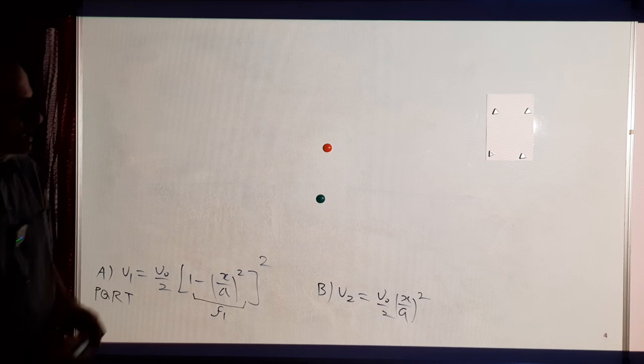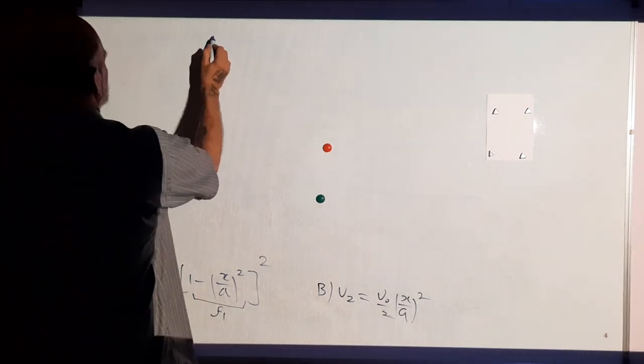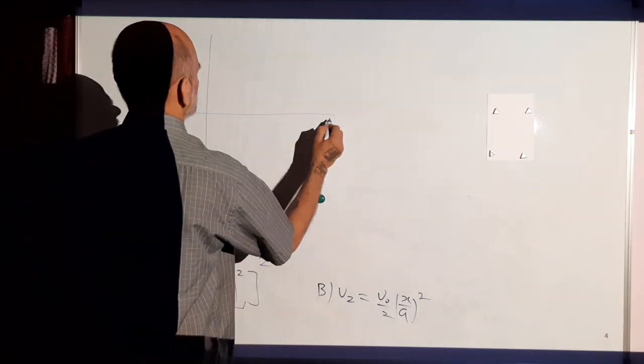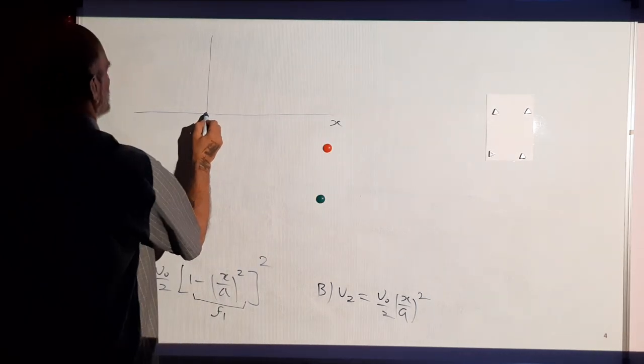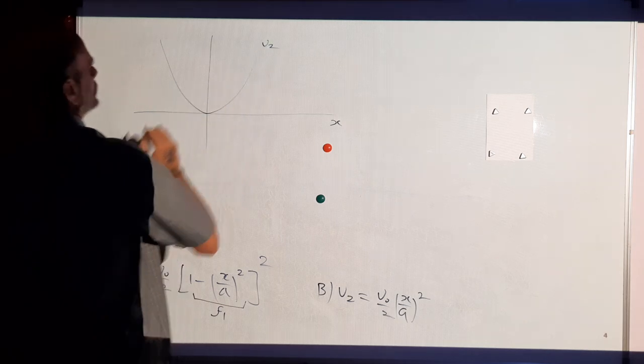So U2 is a simple parabola, with roots at x equal to 0. So this is U2.